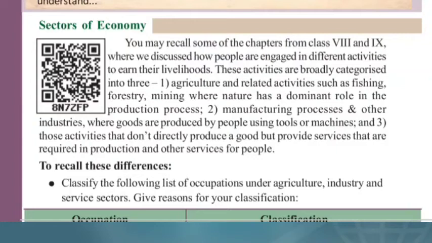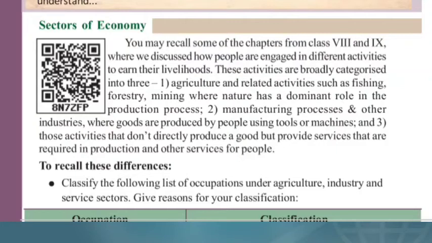And the second one, secondary sector, means related to industries. Industrial sector: manufacturing processes and other industries where goods are produced by people using tools or machines.